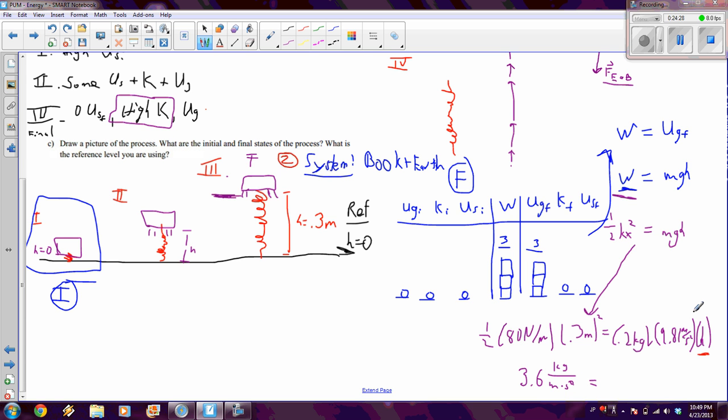And that is equal to 0.2 kilograms times 9.81 meters per second squared, so we get 1.962. This is newtons, kilogram meters per second squared, times the h in meters.